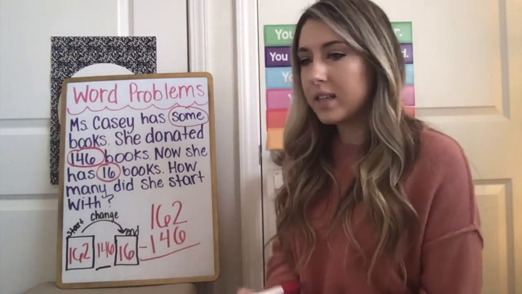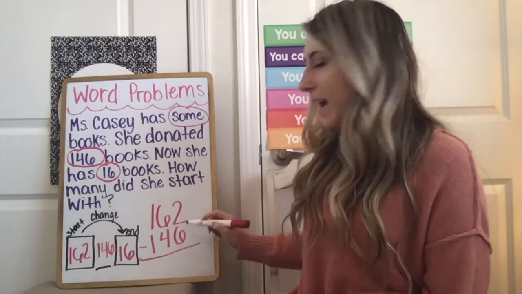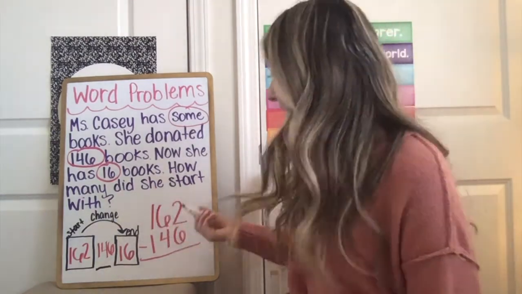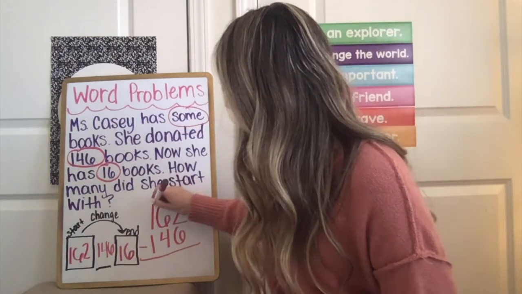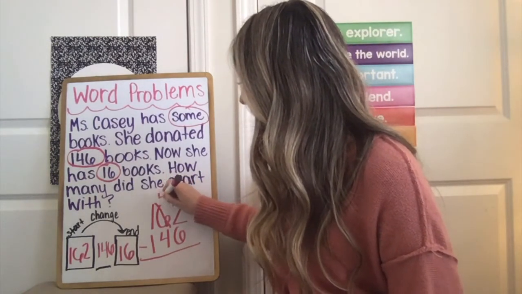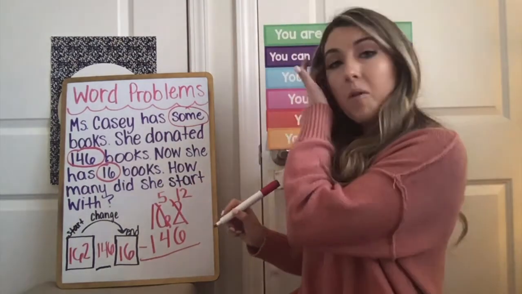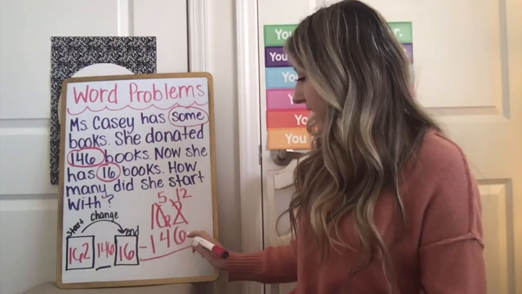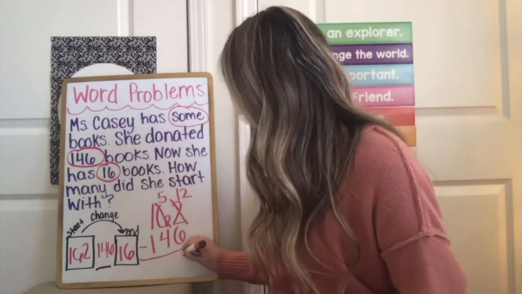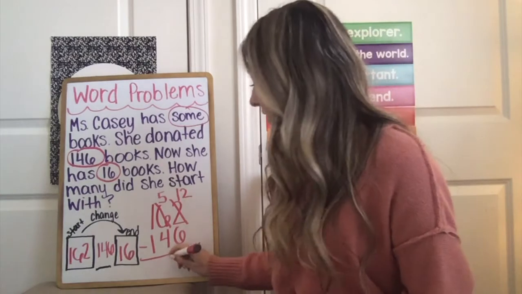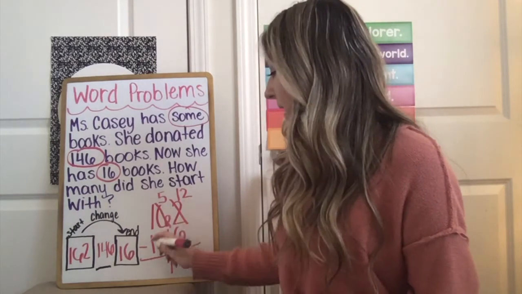Okay, well, I know I can't do 2 minus 6 because 2 is smaller, so I'm going to need to borrow from the 10s. So I'm going to borrow a 10. This is going to become 5, and this will become 12. Okay, 12 minus 6 is 6, and 5 minus 4 is 1. 1 minus 1 is 0.